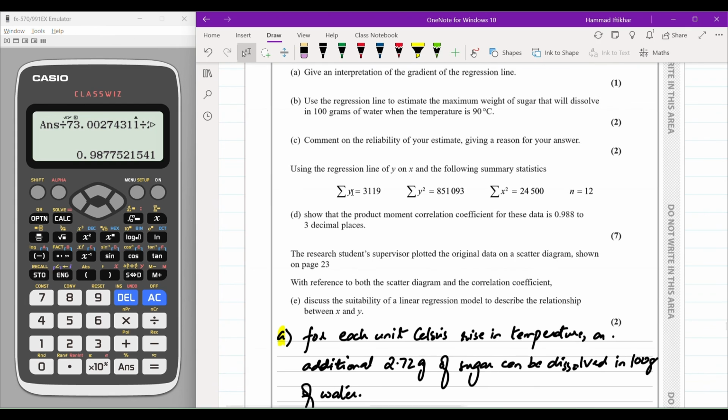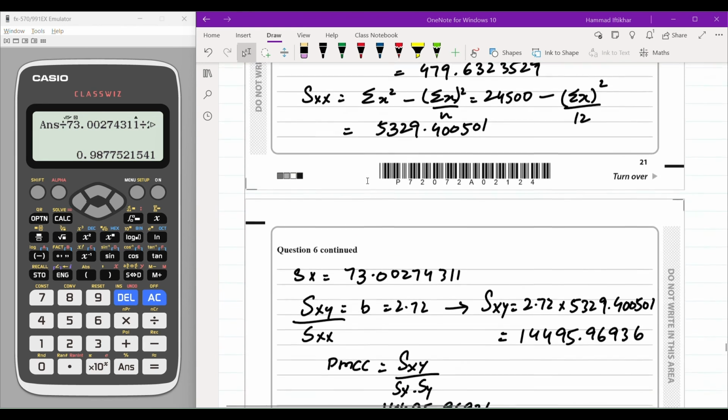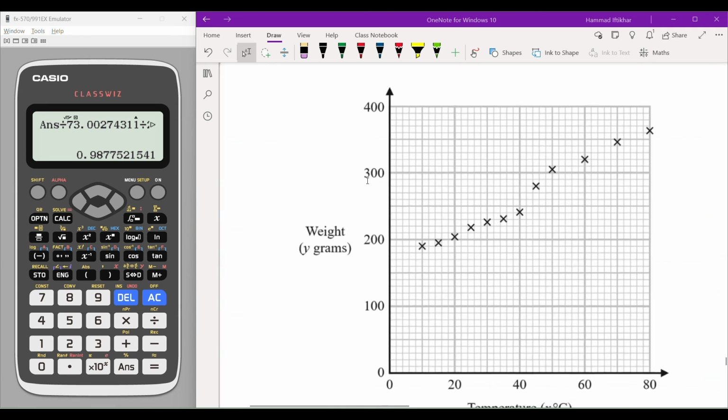Okay, the research student's supervisor plotted the original data on a scatter diagram shown on page 23. With reference to both the scatter diagram and the correlation coefficient, discuss the suitability of a linear regression model to describe the relationship between x and y. Okay, so let's see what is on page 23.